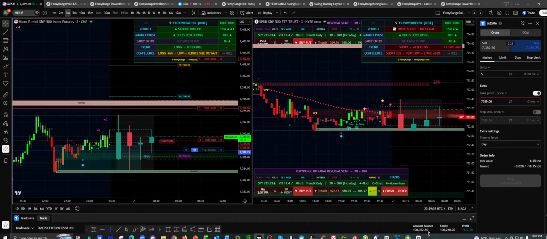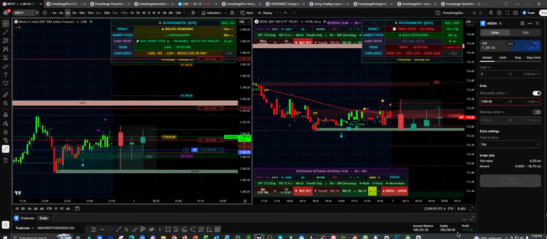Whatever happens, I'm going to walk away with at least $85. The equity account started as 100,240. So let's see what the account balance is when it closes. Whatever it closes at, the account balance minus 100,240 will be how much was made on that trade.